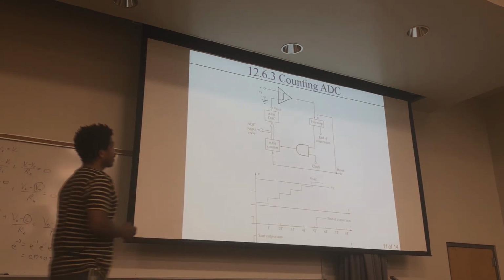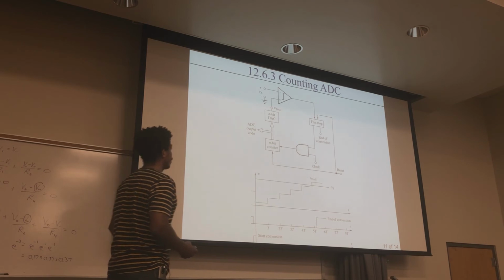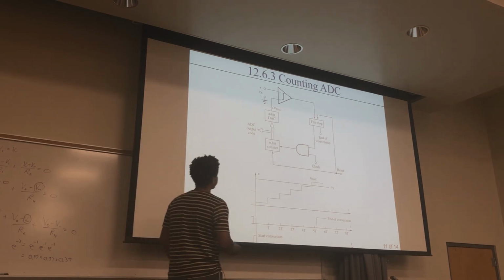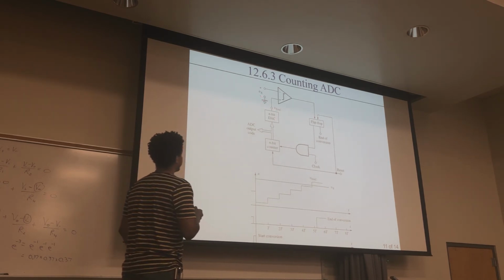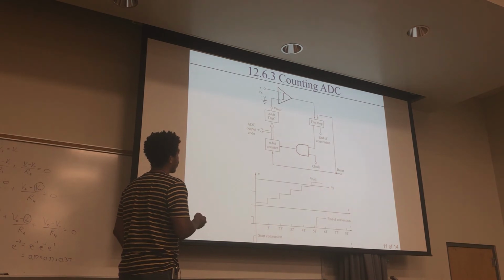Okay, so for this one right here, this is the most simple analog to digital converter, and it's a counting type of method. So what happens is your Vx comes in, and then this flip-flop is engaged. You have this clock, so whenever this and this are the same value, then it starts counting.